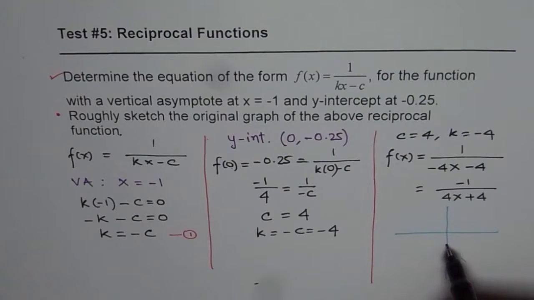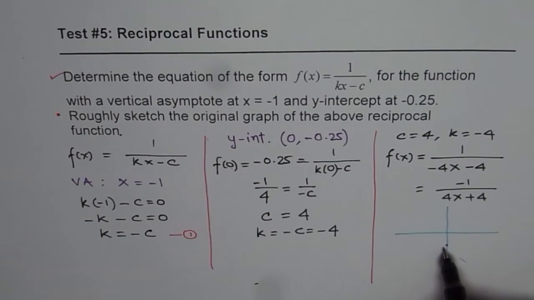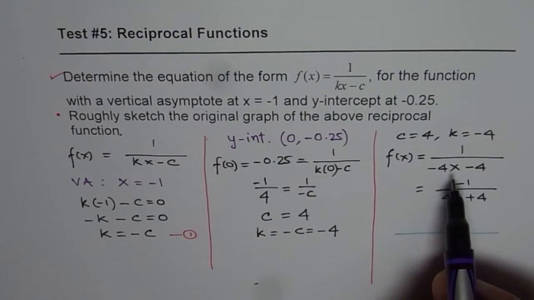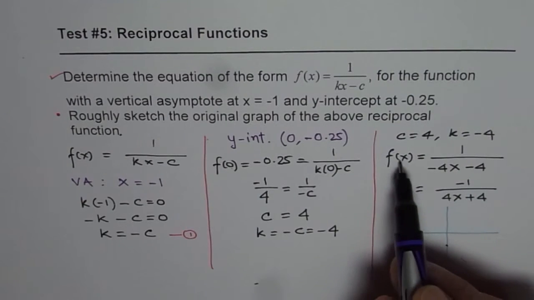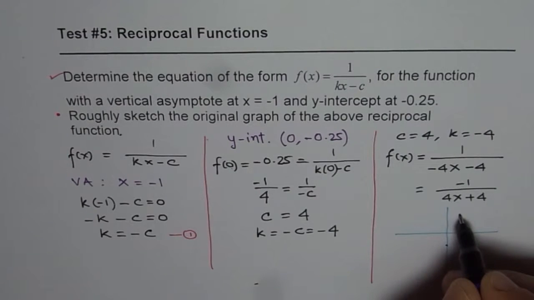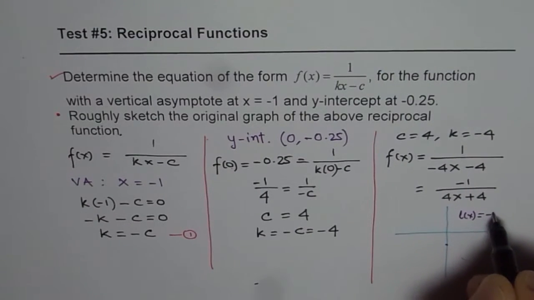Now, in this particular case, when x is 0, the y-intercept is minus 4. But when do you have the y value as 0? Let us say the linear function L of x equals minus 4x minus 4. Is that okay?